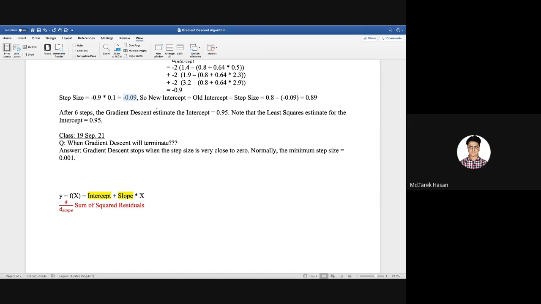Okay. Or, we can set the maximum number of iterations or steps.